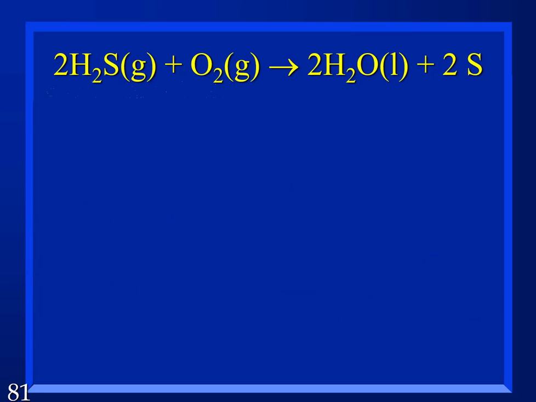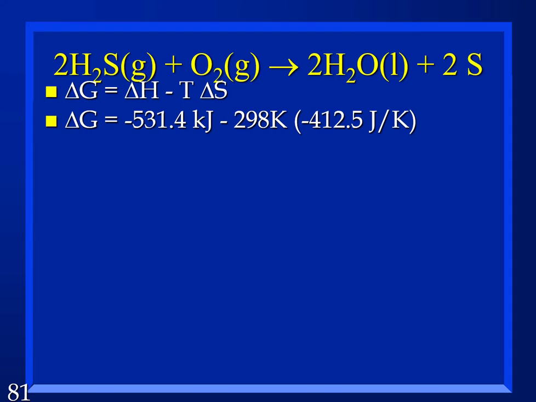So I have to stick it into the equation. Delta G equals delta H minus T delta S. So copying the numbers from the last 2 problems, we said delta H was negative 531.4 kilojoules. Did that math, products minus reactants. Said delta S was negative 412.5 joules per Kelvin.